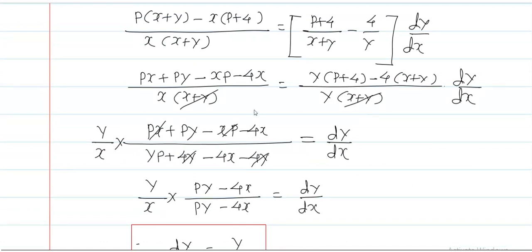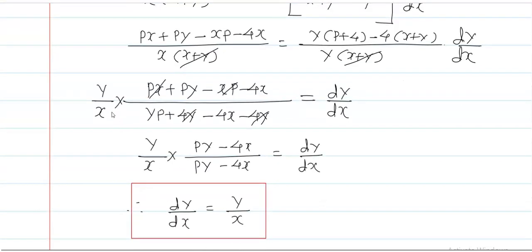Therefore, (x plus y) on both sides get cancelled. Therefore, dy by dx is equal to (px plus py minus px minus 4x) upon (py plus 4y minus 4x minus 4y). The terms get cancelled, and that's why you are getting y upon x into (px minus 4x) upon (py minus 4x) is equal to dy by dx, and that's why dy by dx is equal to y upon x.